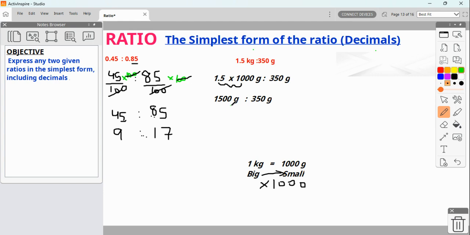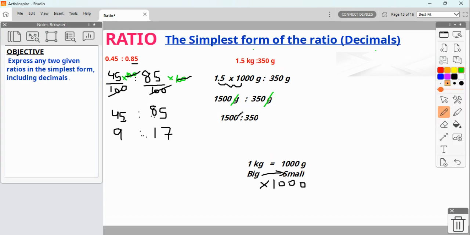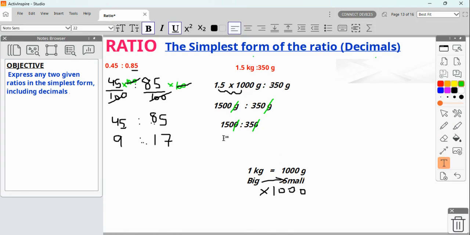Now the unit, gram, is the same, so both units will be cancelled, and we have 1500 ratio 350. We can see both are divisible by 10. We can divide both by 10, then one 0 will be cancelled by one 0. So we will get 150 ratio 35.